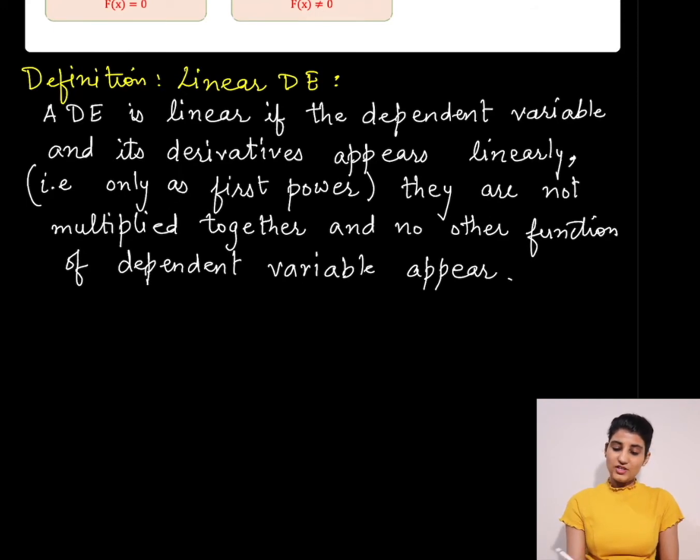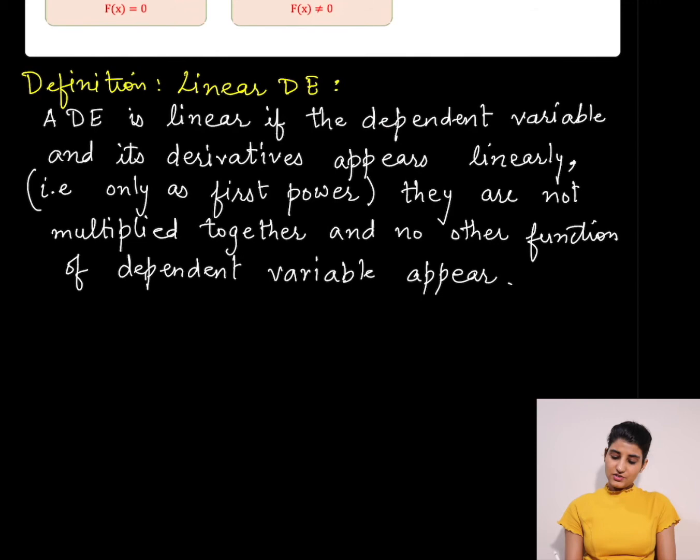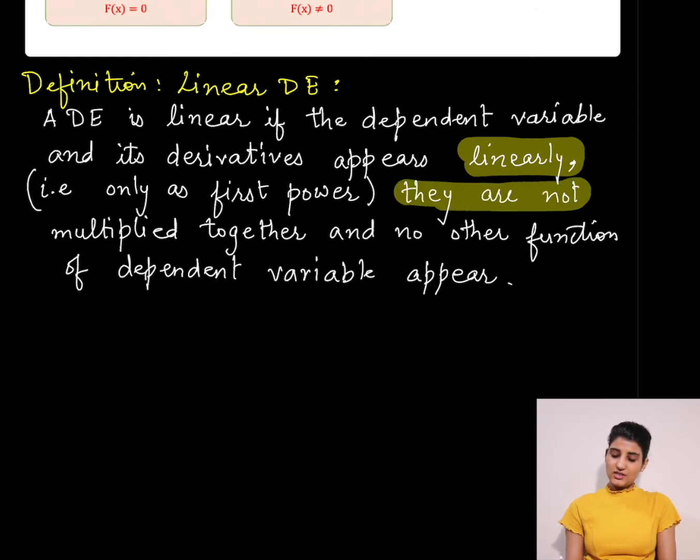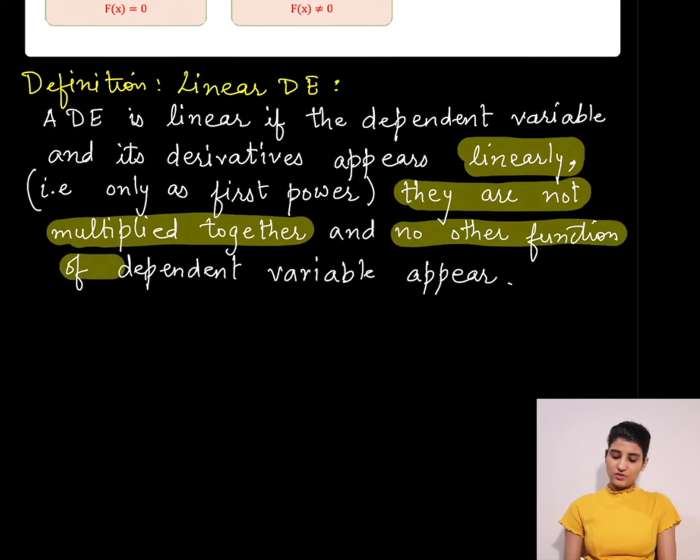So we have three conditions over here. First condition, they appear linearly, meaning only in the first power. Second condition, they are not multiplied together. Third condition, no other function of the dependent variable.